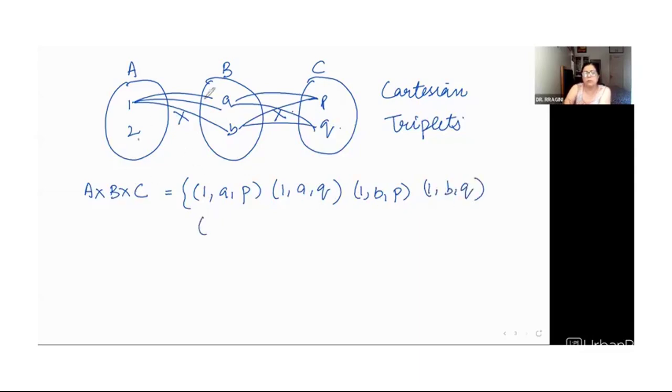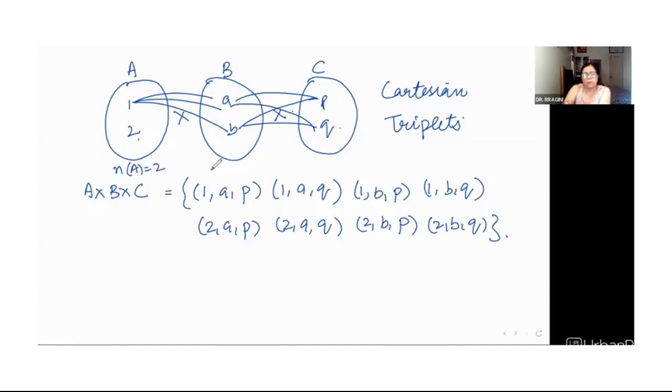Similarly, do with 2 for all the components. 2AP, 2AQ, 2BP, 2BQ, right?